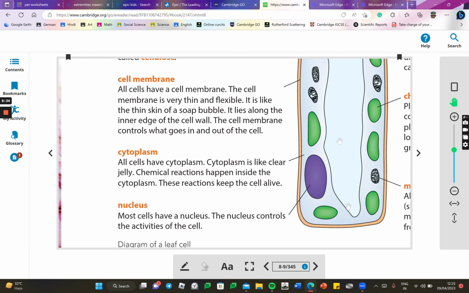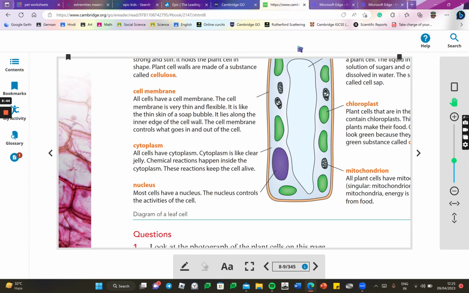Now let's move to the most important part of a cell. I think you must have noticed this purple thing here. This is the nucleus. Right now, we can see these small things here. These are not things, the right way to say it is these are the organelles of a cell.